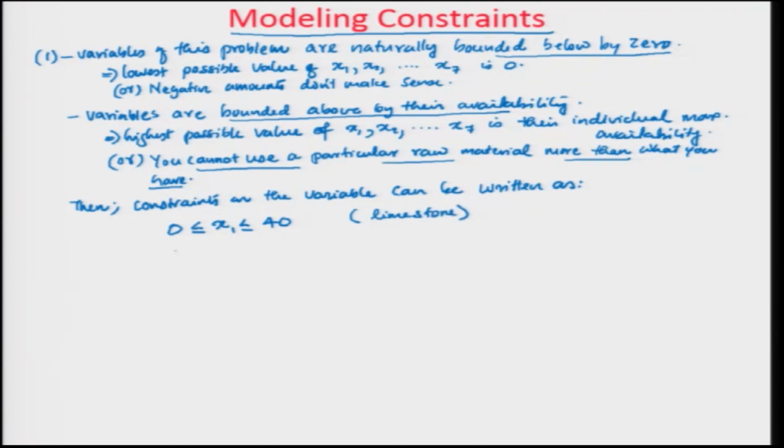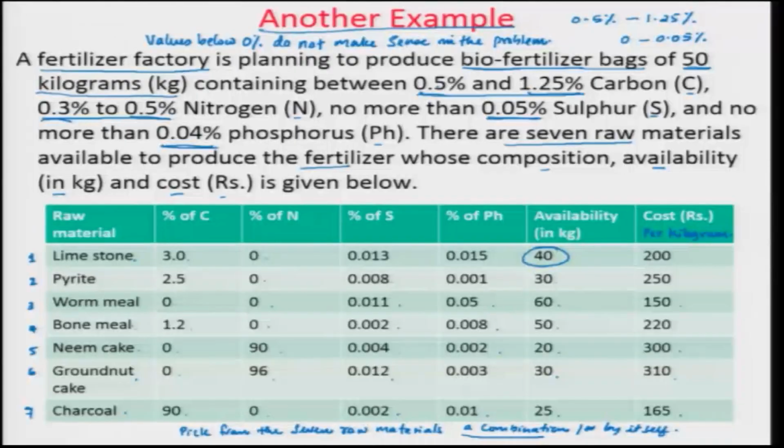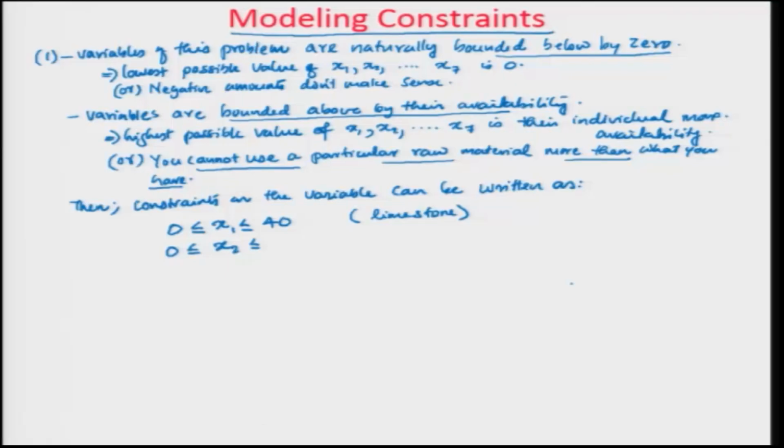The minimum you can use is 0, the maximum is 40, because 40 is the maximum kilograms of limestone that is available to you. Similarly for the second one, 0 less than or equal to x2 less than or equal to 30, from the table, and 30 is meant for the pyrite.